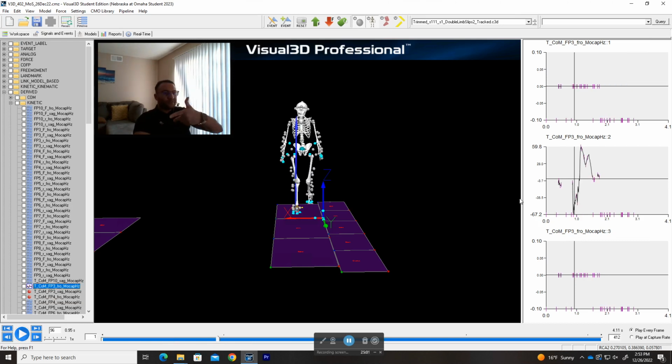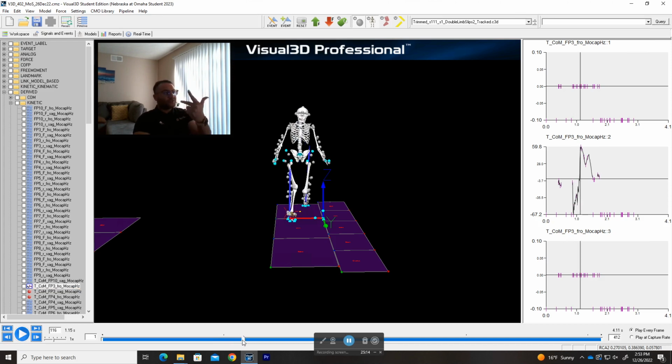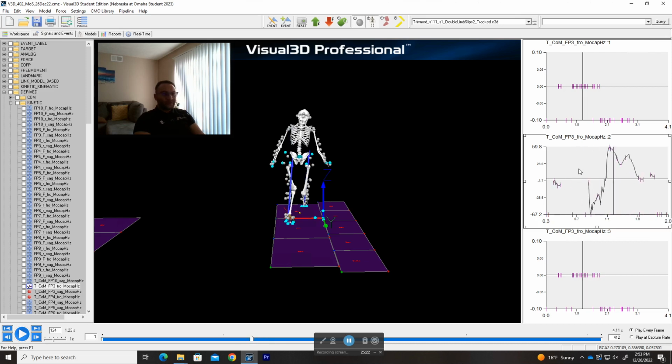So that's what we're seeing here, negative, and then when the trailing foot lands, now the ground direction force vector crosses the center mass threshold and starts producing counterclockwise rotation, so it starts producing positive values, and that's what we see here. So it does make sense.